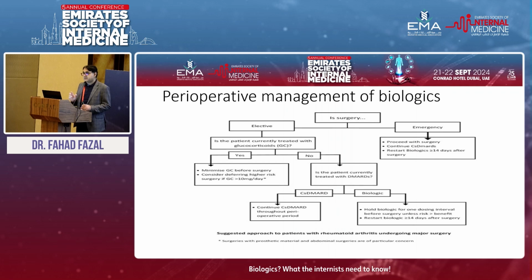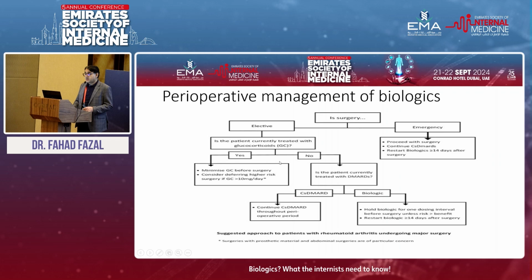Perioperative management. If the patient is going to have surgery for an emergency, obviously you cannot do anything. You proceed with the surgery, you continue with their conventional DMARDs, and for the biologics, you restart them 2 weeks after surgery.